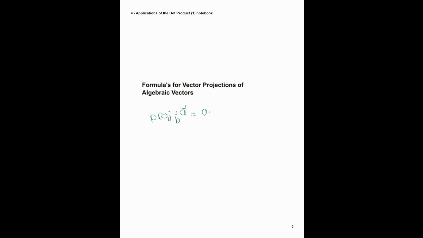I'm going to take the dot product, and I'm going to divide that by the magnitude of the other vector. Now that's my magnitude. This right here gives me the magnitude of my vector, but I need a direction because a vector, remember, has both magnitude and direction.